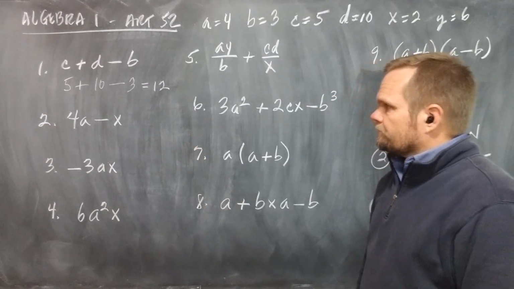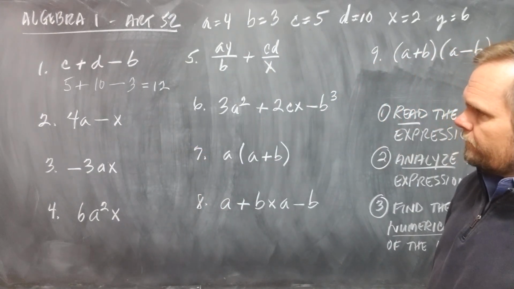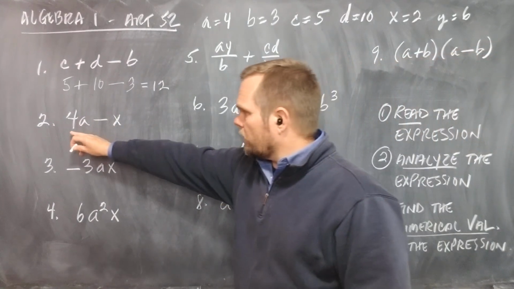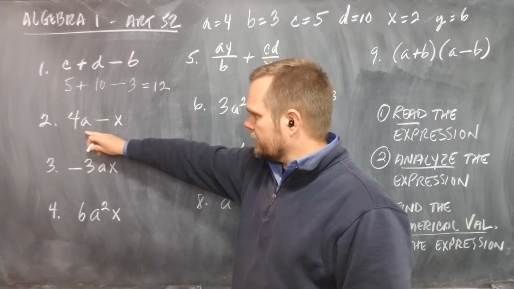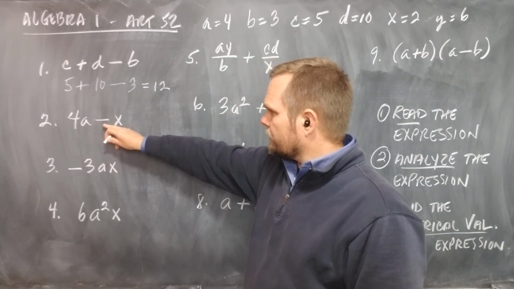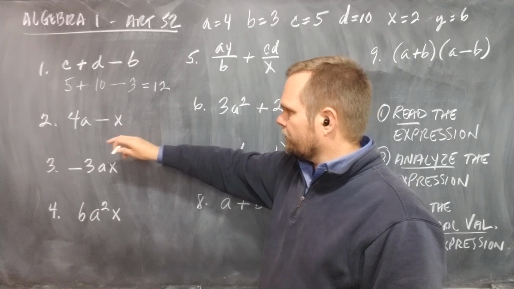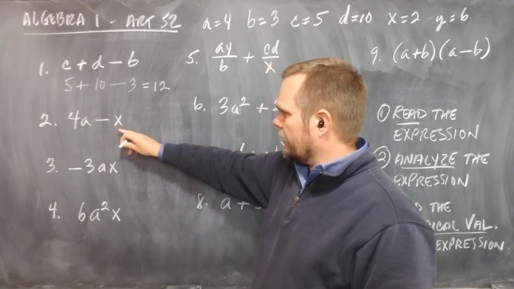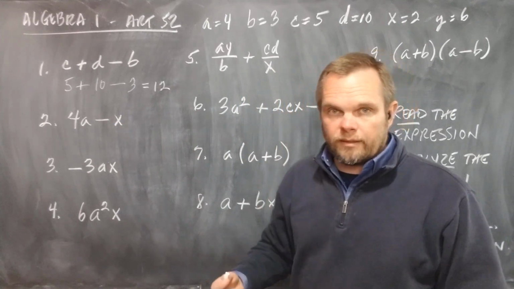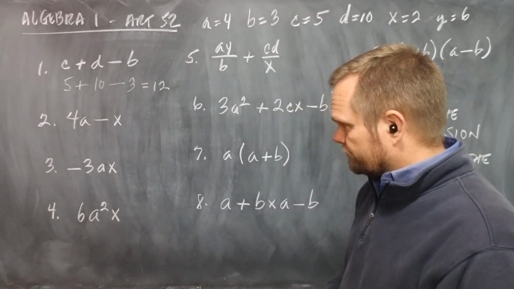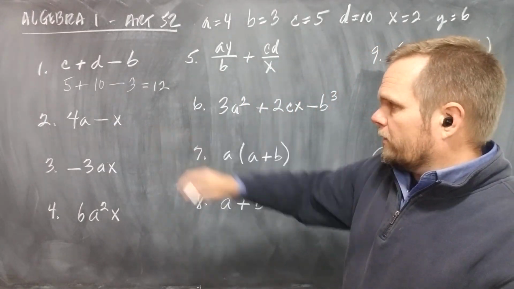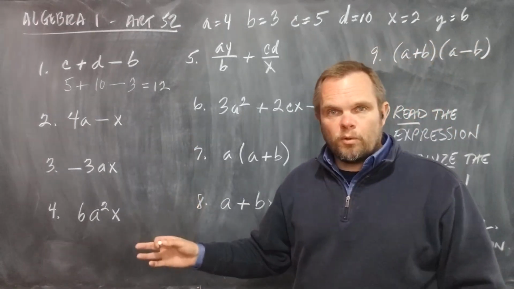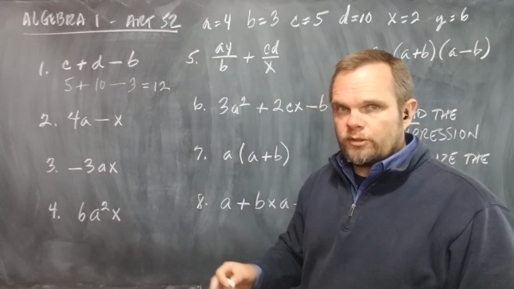Number 2, our second expression reads 4 times the quantity A minus the quantity X. 4 times A minus X. That's the reading of the expression. When we look at this, we see that there are two terms.